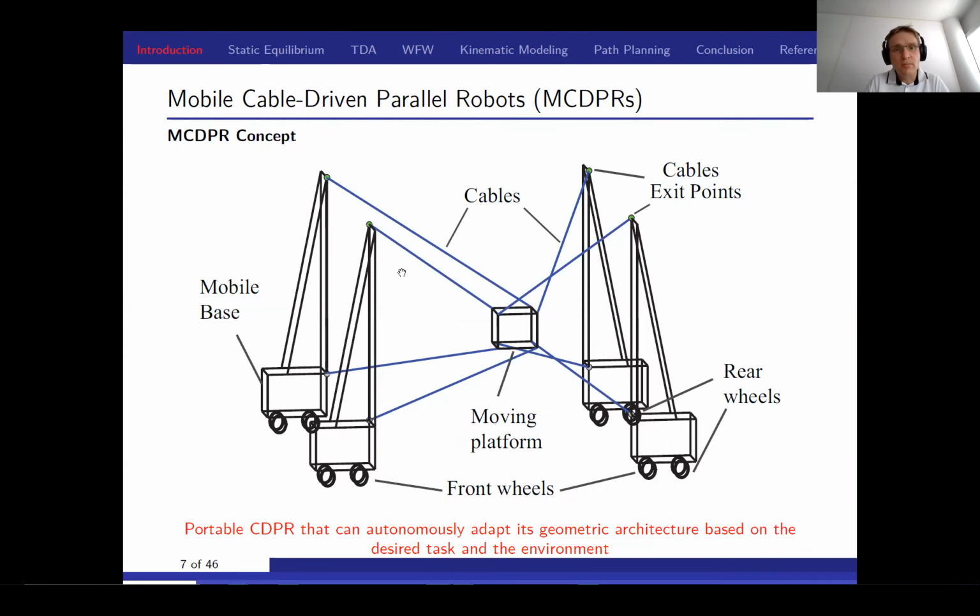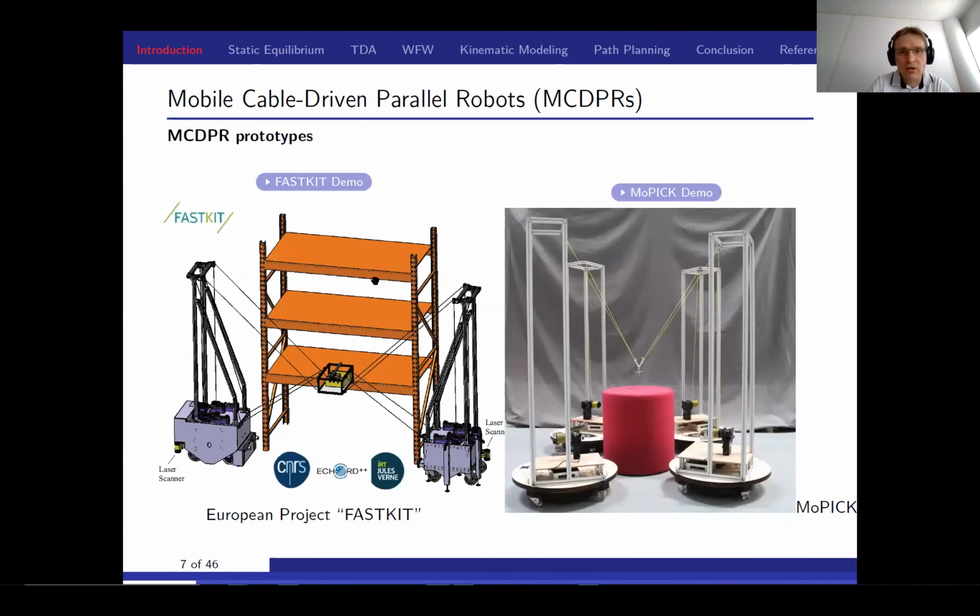Now to come back to the main focus of this presentation, I will show you some contributions we came up with on the performance analysis and the trajectory planning of mobile CDPR. Here is the concept of this mobile CDPR, and those are the two prototypes we mainly focused on in the scope of this work.